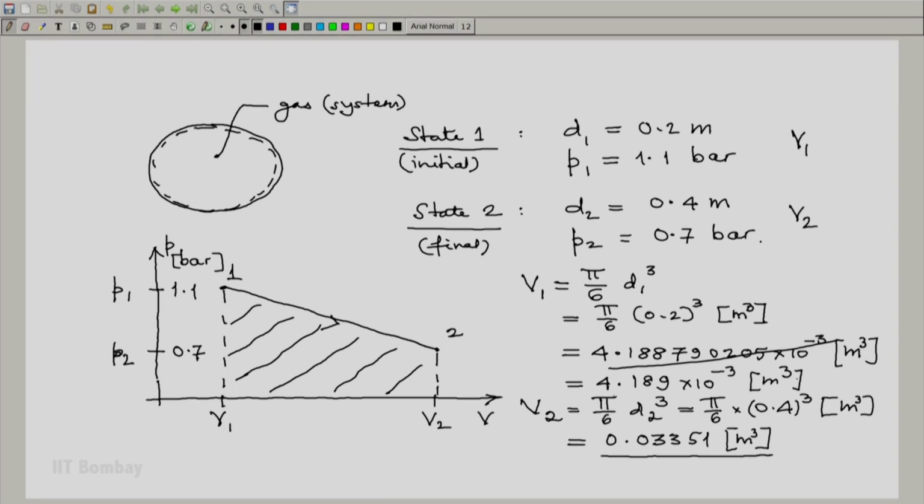So we know the final volume, we know the initial volume. If we want, we can write this as 4.189 into 10 to the minus 3, and 0.03351, both values in meter cube.